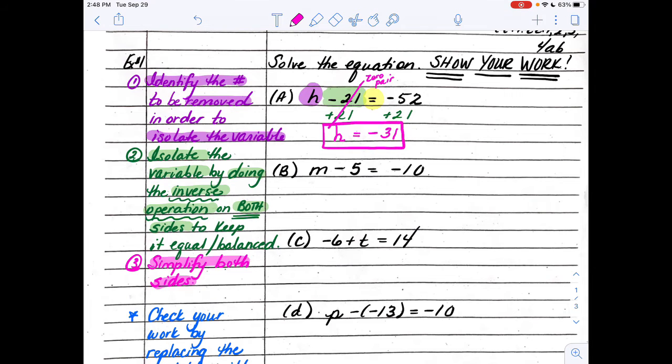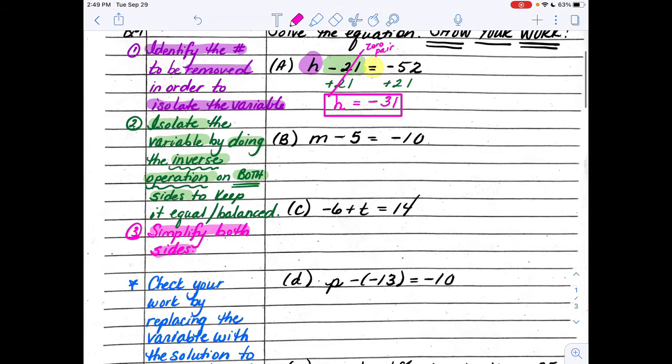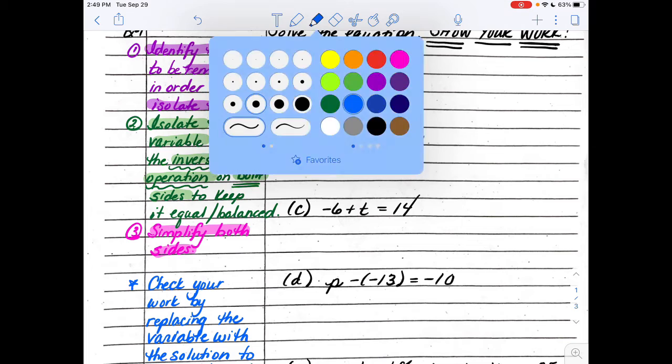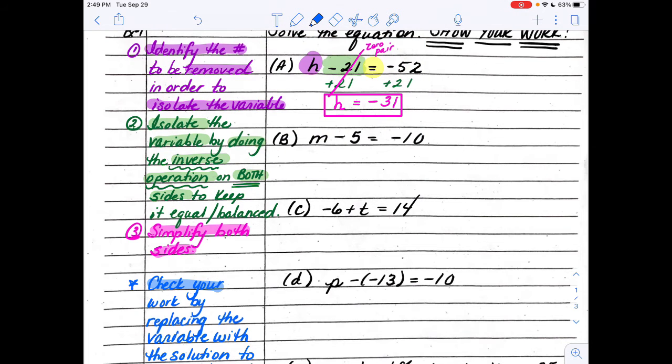It's all by itself. Now, on this next step, if we need to, and sometimes it will say to check your work, to make sure that you actually did that correctly, we're going to replace the variable with the solution we just got.